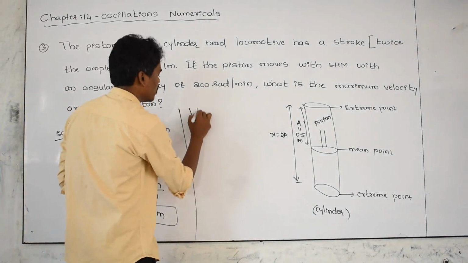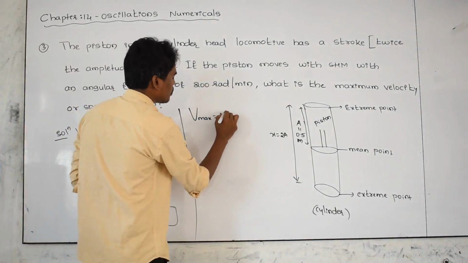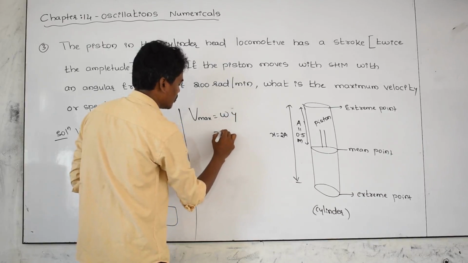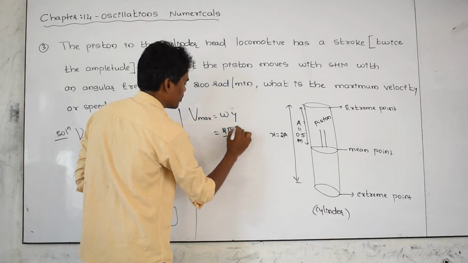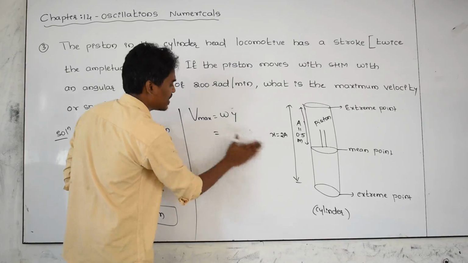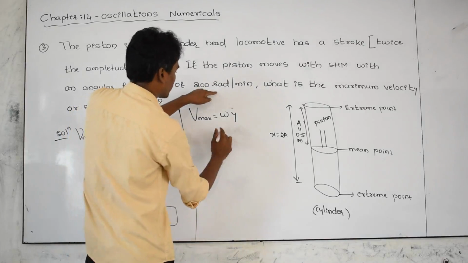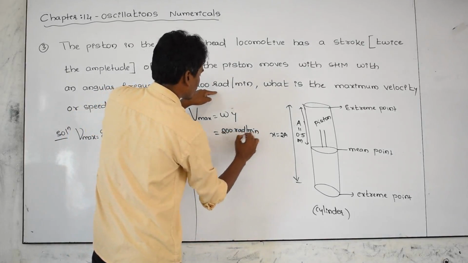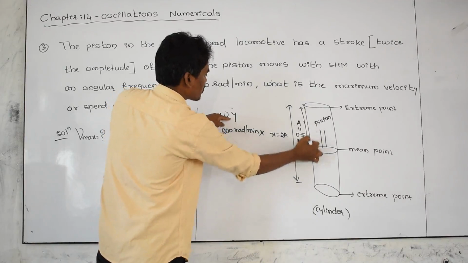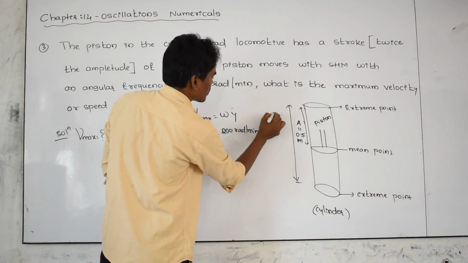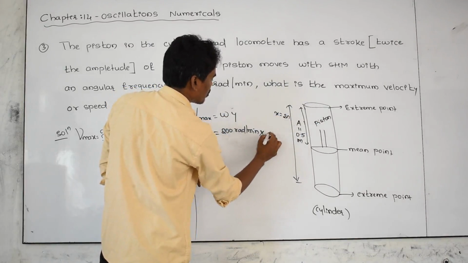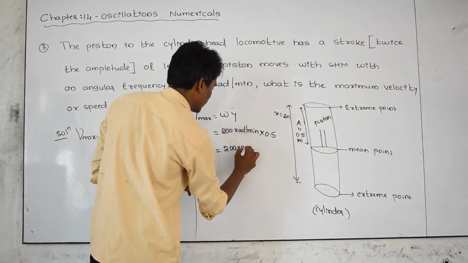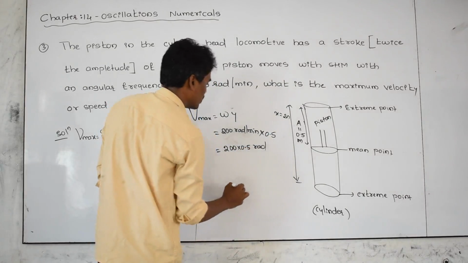We know the formula, V max is equal to omega into y, where omega is equal to 2 pi by T, or else the omega value he has directly given, that is 200 radian per minute, into y, which is the maximum displacement from the mean point, that is 0.5.